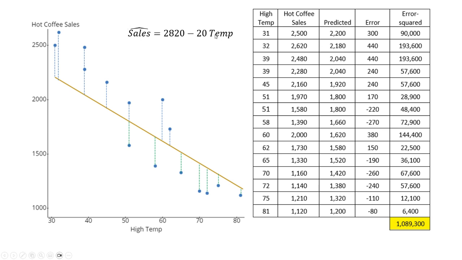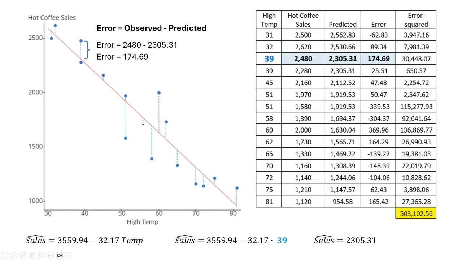Now, if I go through this whole process, I'm not going to speak it out loud, and do the predicted value for every single one of the 15 dots using this model with a lot more distance here, as you can see, a lot more dotted line, square my errors and add them up, you can see that it adds up to a total that's much larger than 500,000. It's over 1,000,000. So essentially, the line of best fit minimizes the squared error or the squared distances.